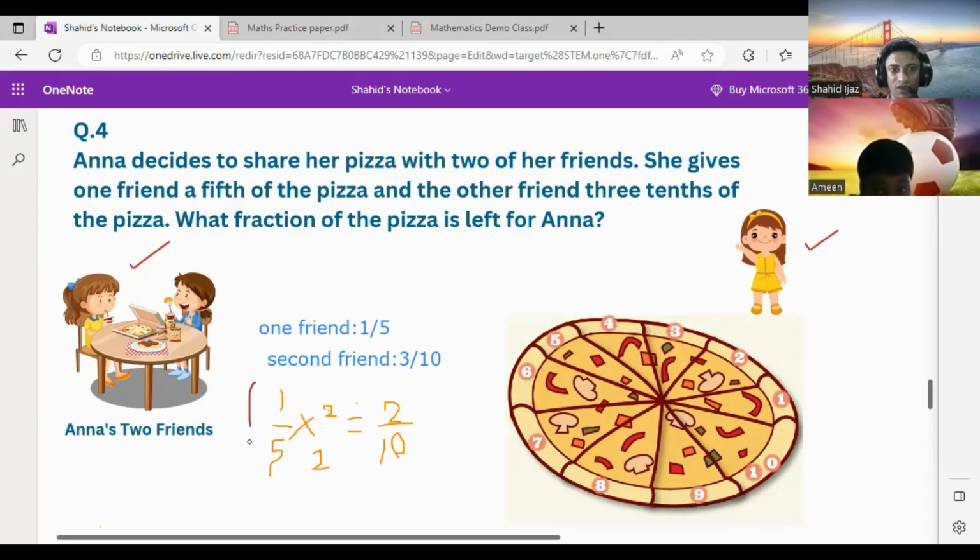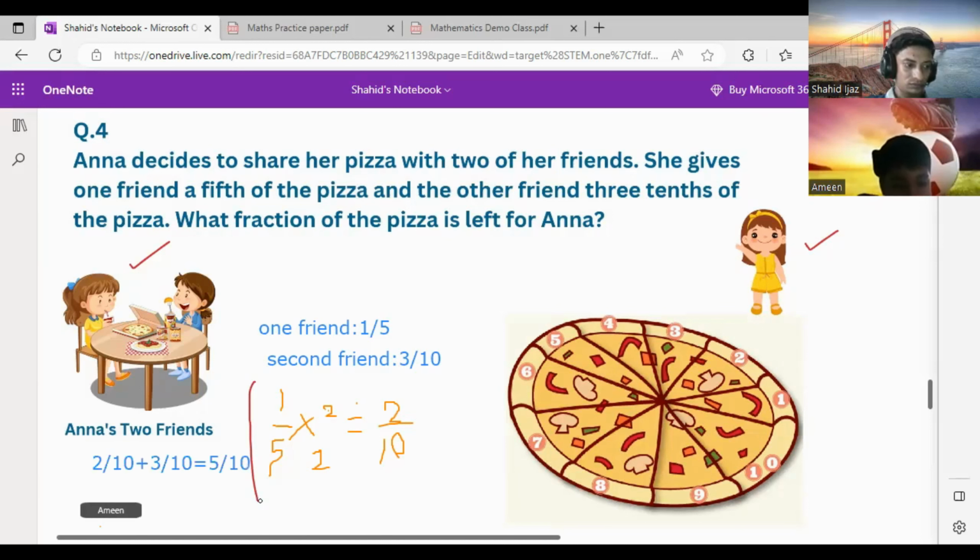Making the denominators equal. With 3/10 equals 3. So the denominator stays the same, and then 5/10.